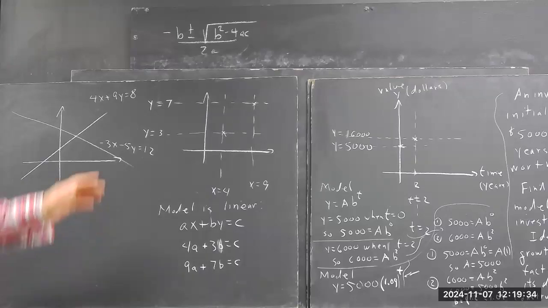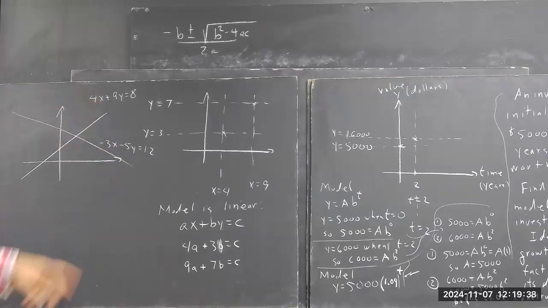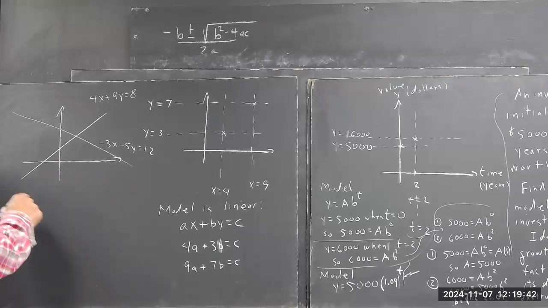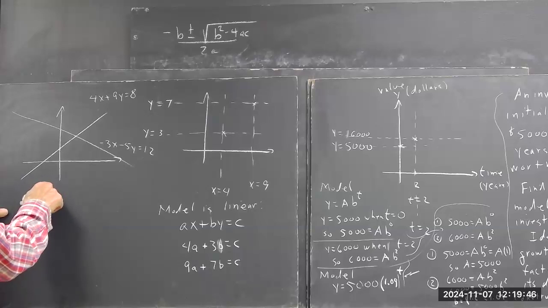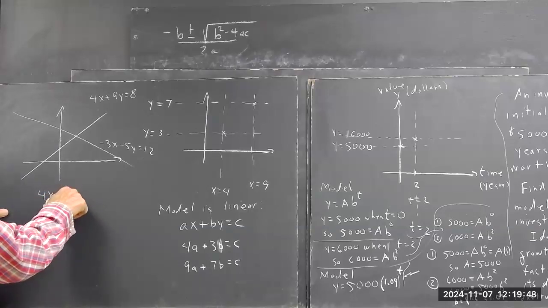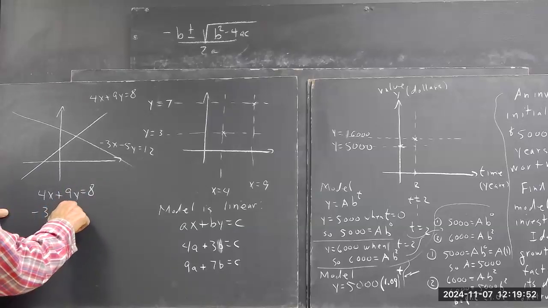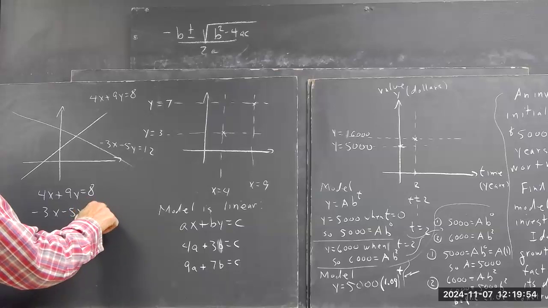Okay, now that's not an accurate graph. You know how to do an accurate graph and graph by finding the intercepts. So what we want to do is solve the equation system 4x plus 9y equals 8, negative 3x minus 5y equals 12.